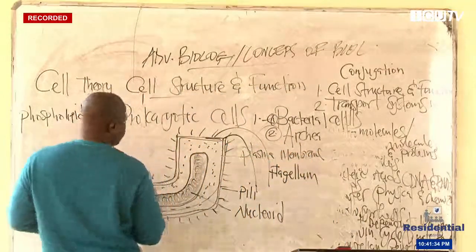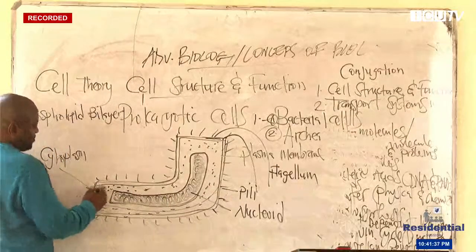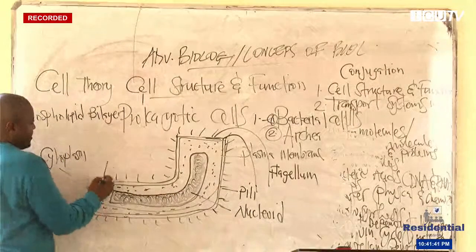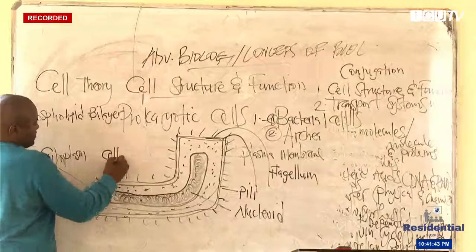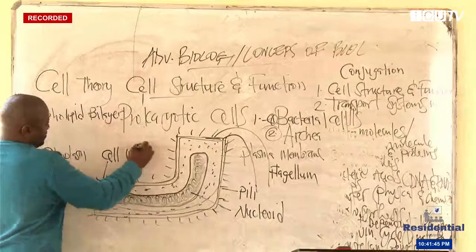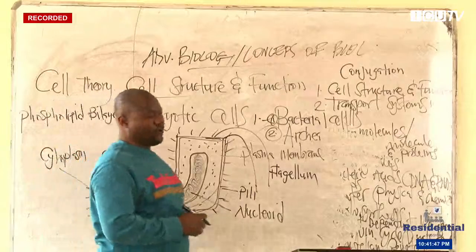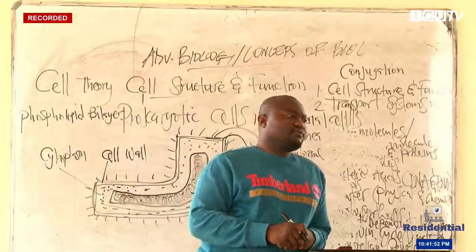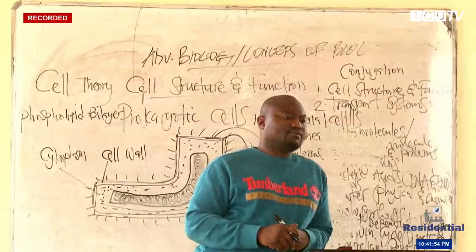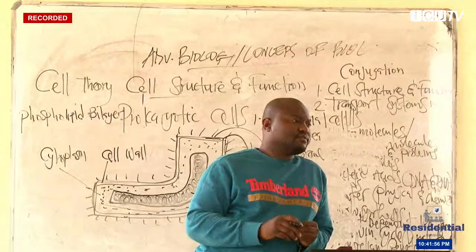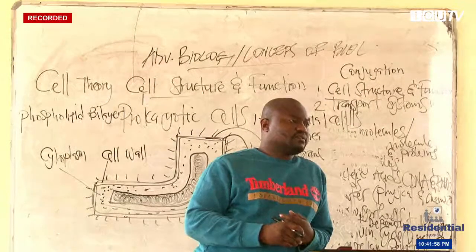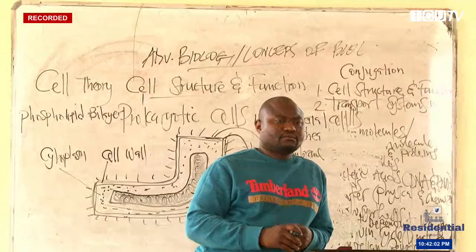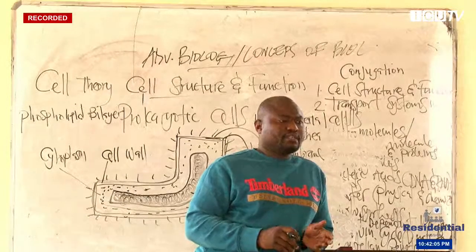What else have we not talked about? We also have the cell wall. What is a cell wall? Does everyone have an idea? What is a cell wall made up of, and what is its function? Exactly.